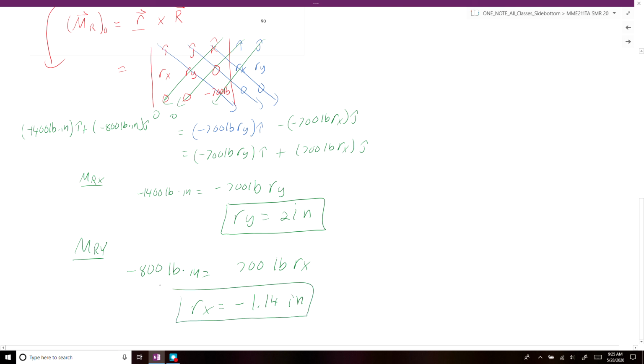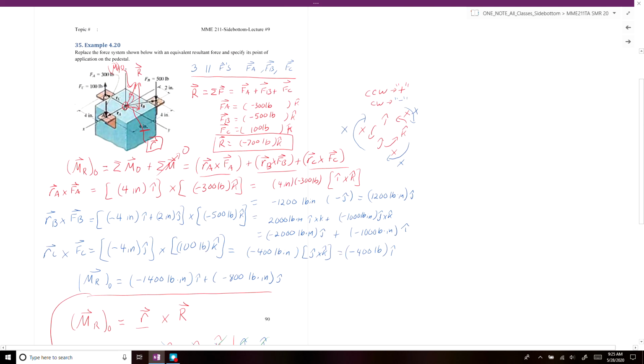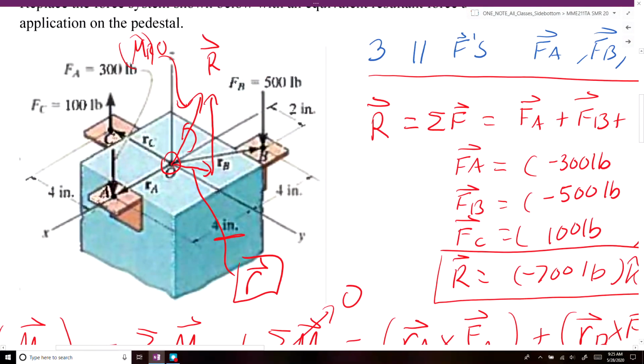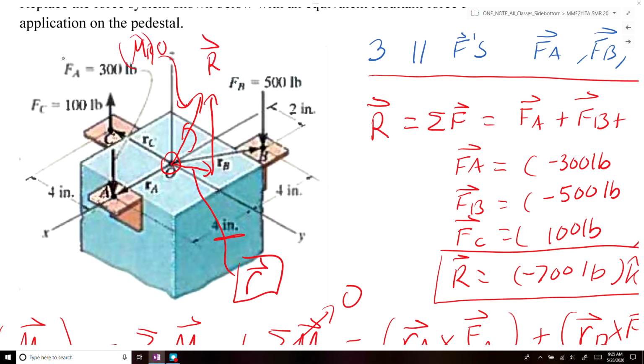Okay. So if we go back to our original diagram here, this point of application of R would be at 2 inches along the y-axis and 1.14 inches along the negative x-axis.